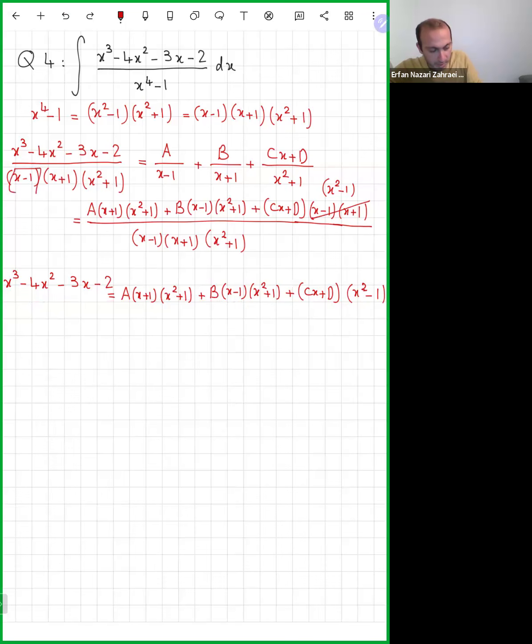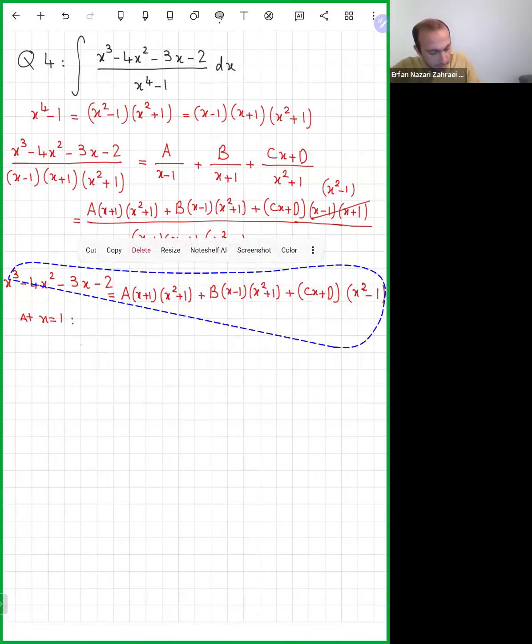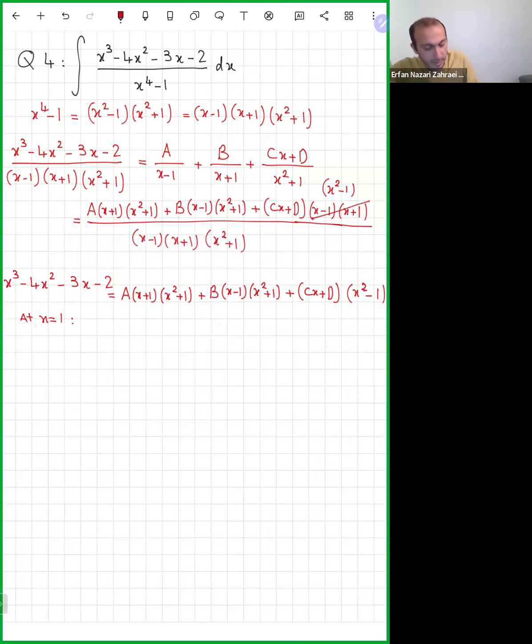This linear term has root 1, x equals 1. So at x equals 1, don't forget, putting 1 in this, you get 1 minus 4 minus 3 minus 2, that's the left-hand side, equals.